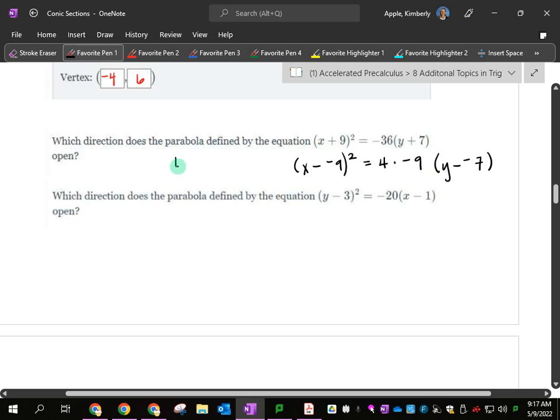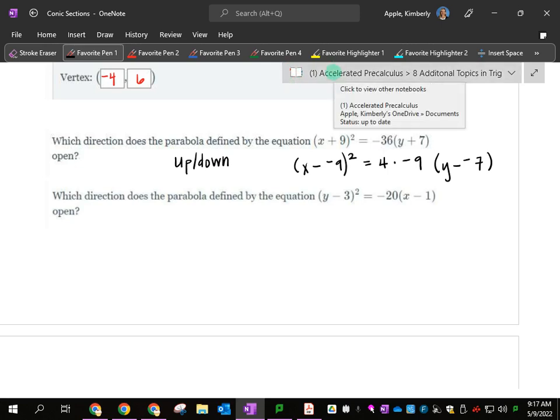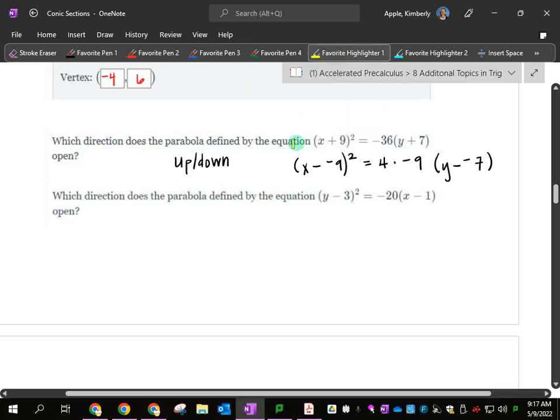It's an up-down. That's the first thing I noticed using the equation. And the way we figure out whether it's up or down is dependent on the sign of this number, the sign of p. If it's negative, it opens down. So this one opens down.